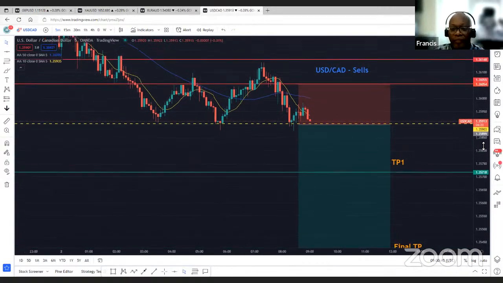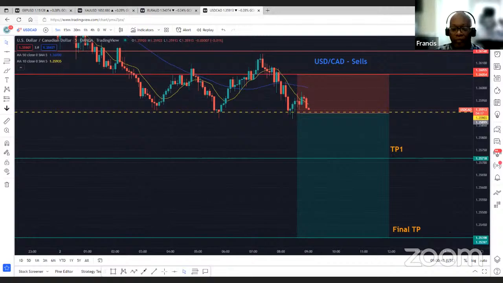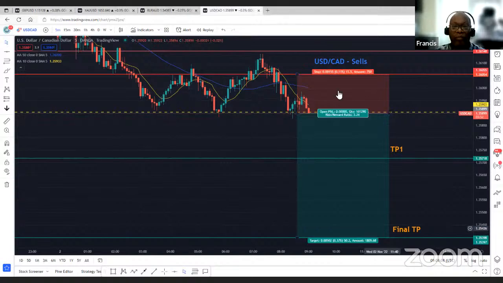Okay. So we're in these two trades. It's just a waiting game now. Let's wait and see how it plays out. Hopefully this will now go into profit.